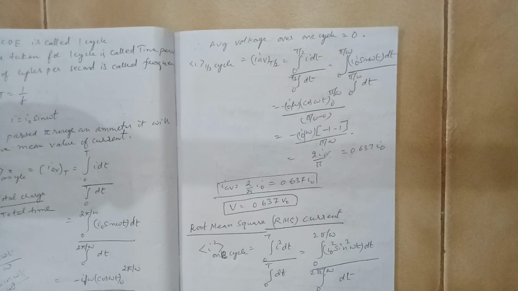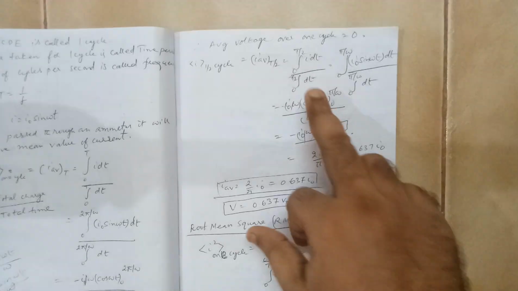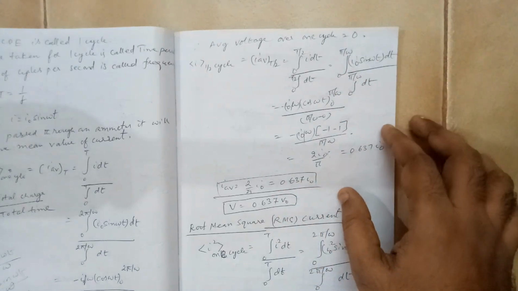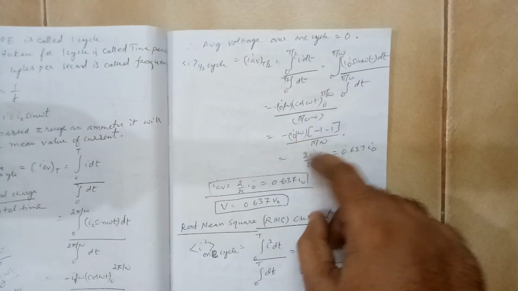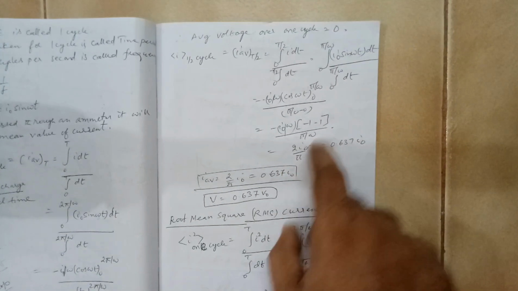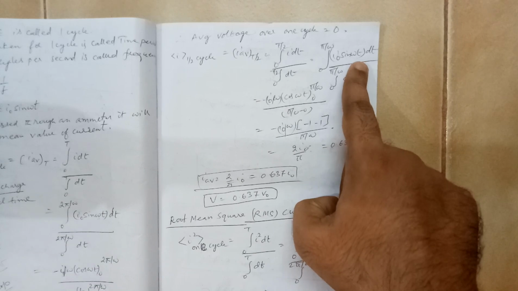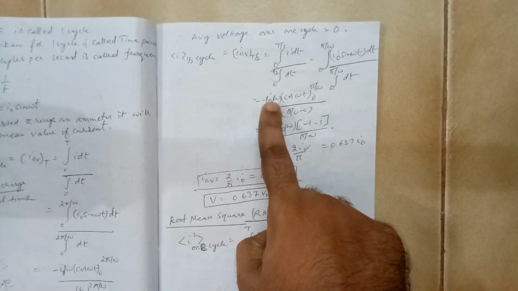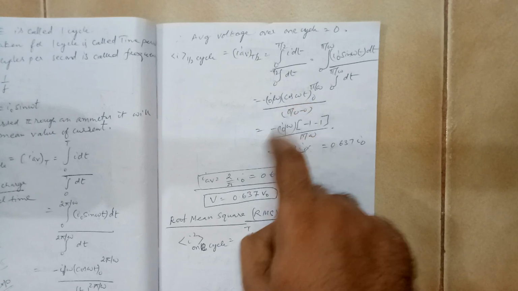So instead of t, you will put t by 2, and you will do the same process again. And when you solve the maths, you basically get 2 I0 by pi. See, I0 sin omega t, the integration of this will be, as we just discussed, minus I0 by omega cos omega t.